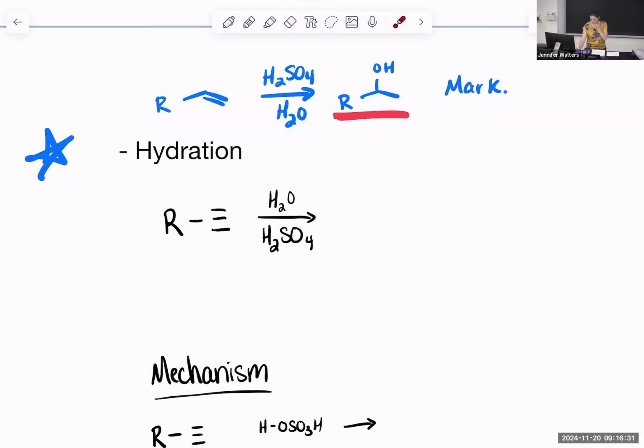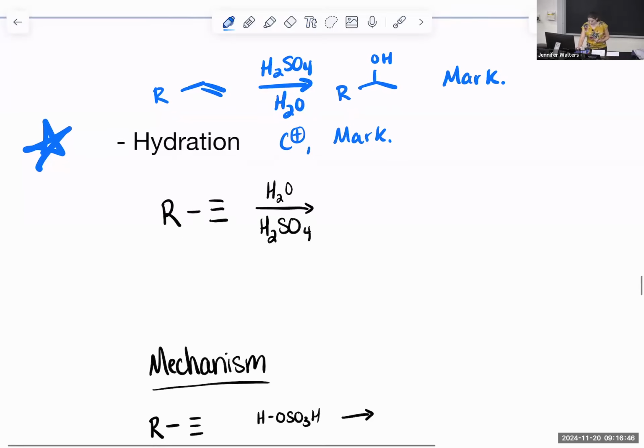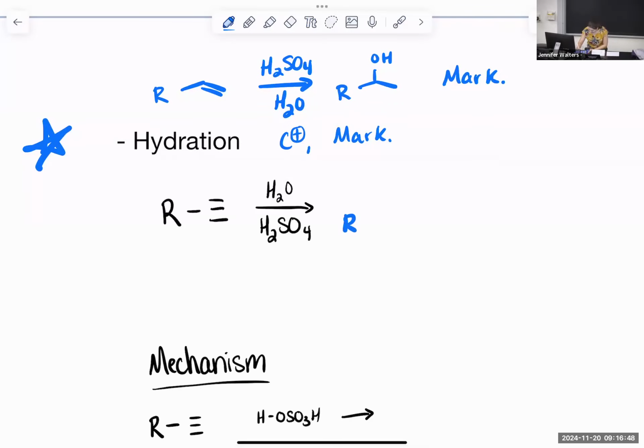You get the alcohol on the more substituted side. For our hydration with strong acid, we're still going to do the same thing. It still is that carbocation mechanism. It still is Markovnikov regioselectivity. The difference is that our intermediate is that enol.